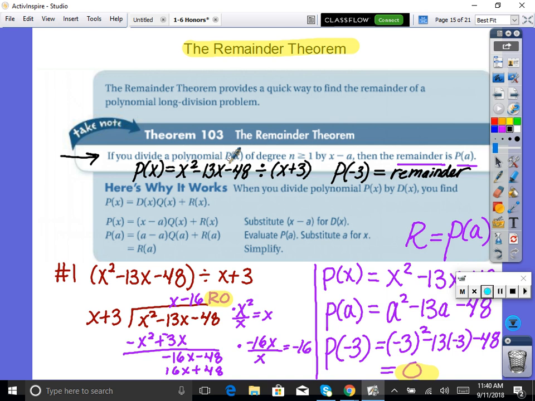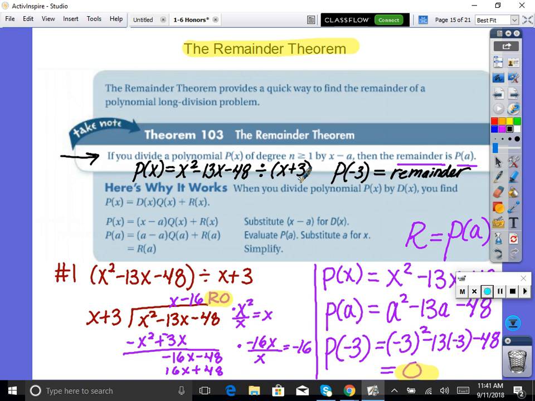It says if you divide a polynomial p of x, so this is p of x, of degree n greater than 1, meaning n has to be larger than 1, by some x minus a. So I'm dividing by x plus 3. You guys see? Then it says the remainder will be p of a.